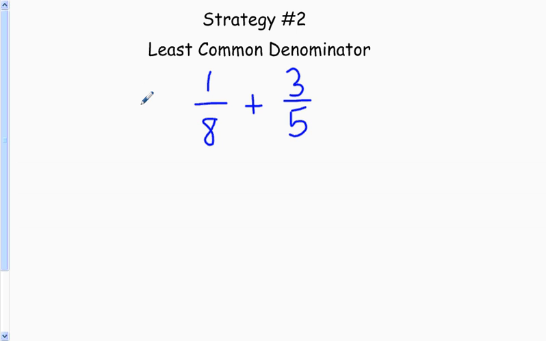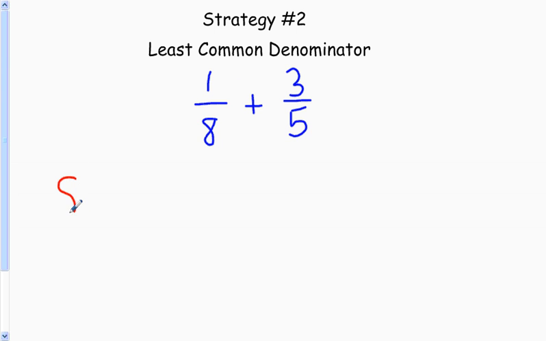Strategy number 2 was least common denominator, and this was a strategy that we sort of previewed when we were comparing fractions. We talked about factors and multiples and skip counting. So the first thing we need to do is figure out what numbers 8 and 5 have in common when we skip count or find their multiples. So let's start with 8.